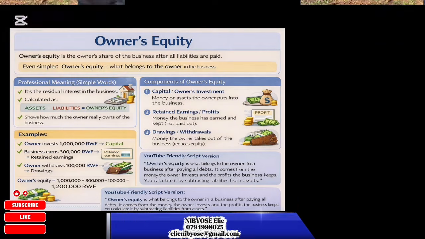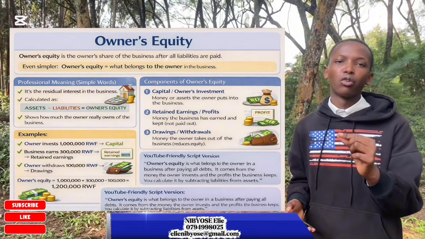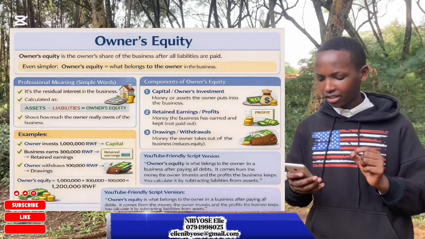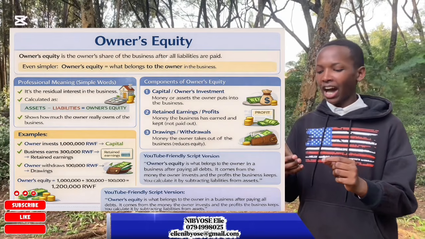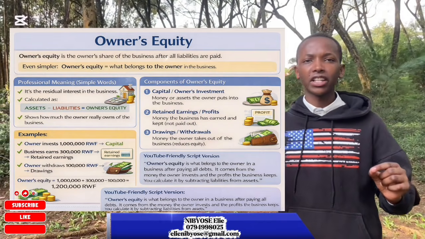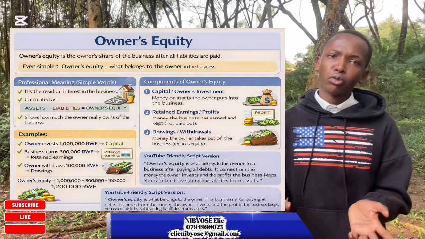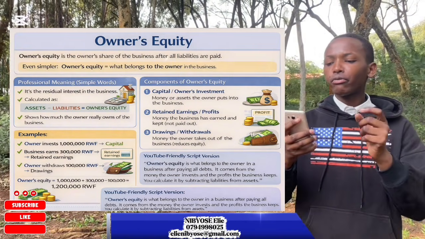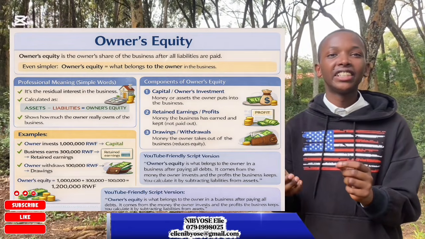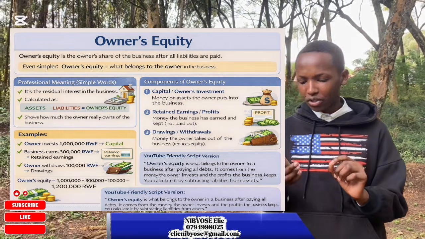For example, owner invests 1 million Rwandan francs as a capital, and the business earns 300,000 as profit. That's what we call retained earnings. Owner withdraw 100,000 Rwandan francs for his or her personal use.